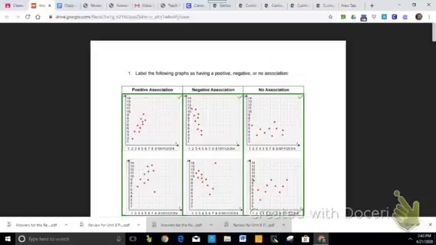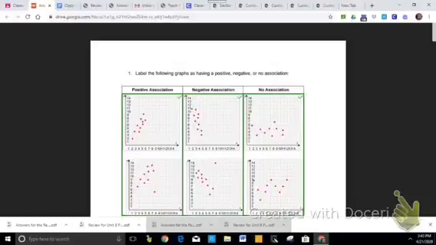I hope you can see that. There's a more or less upward trend in the dots. If I was to draw my line of best fit through the middle of the dots, then it would be going from the left up to the right. So it's a positive association.